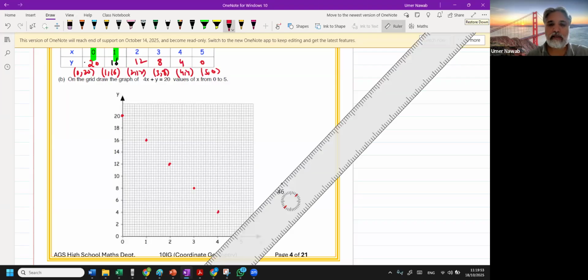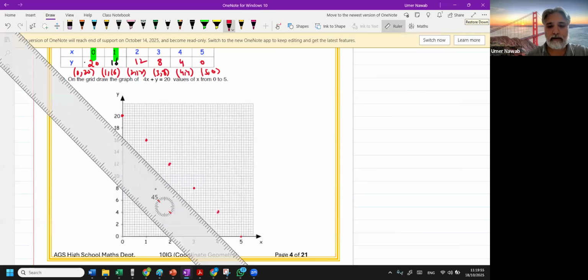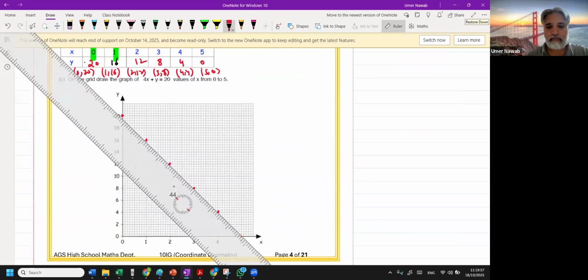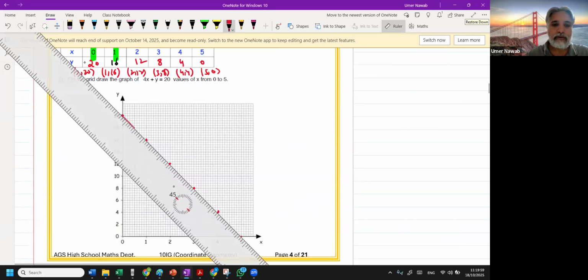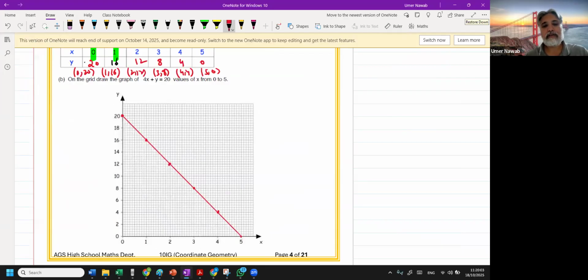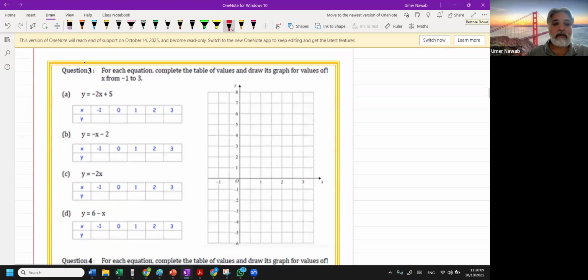So now you can easily draw the straight line. Clear? Did you see I did not extend the lines? I just started from the y-axis 20 until 5 on the x-axis. Same idea, boys. I'm not going to do this. You can do it by yourself.